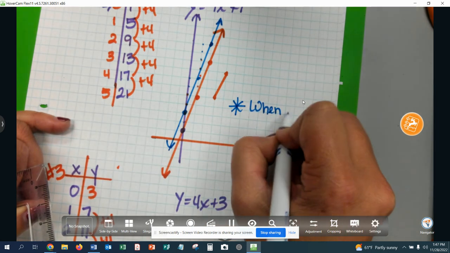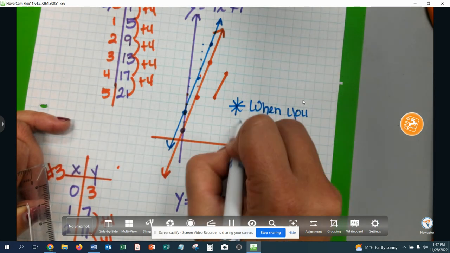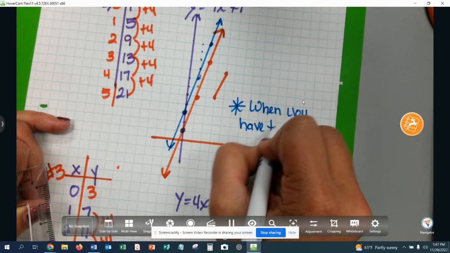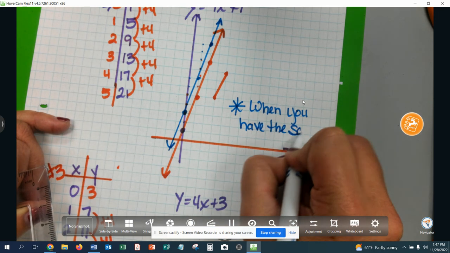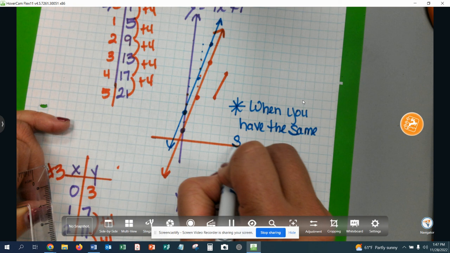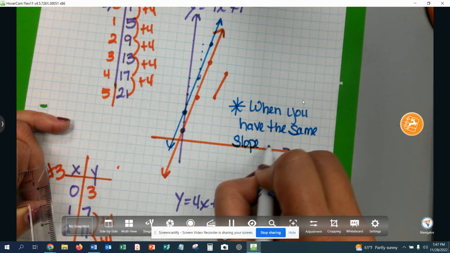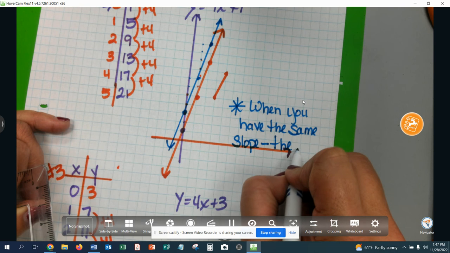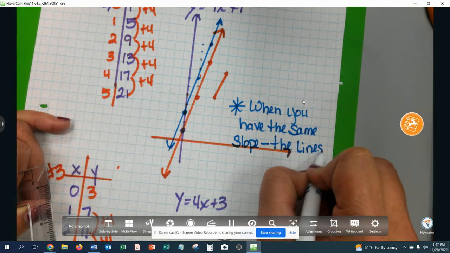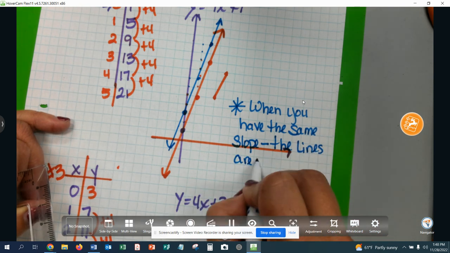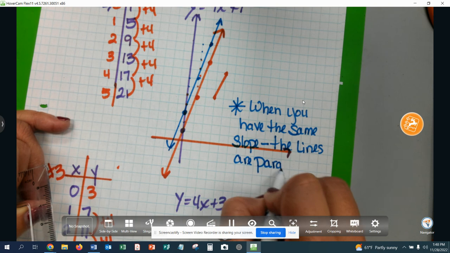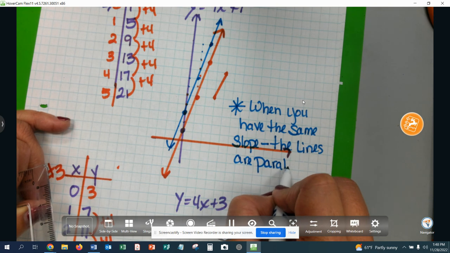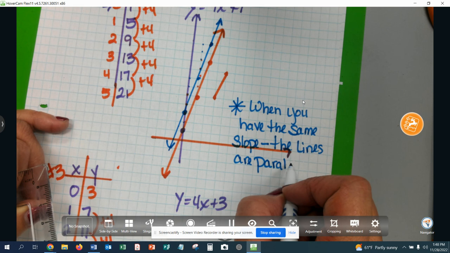When you have the same slope, the lines are parallel. If I can spell parallel. Oh my gosh. Parallel.